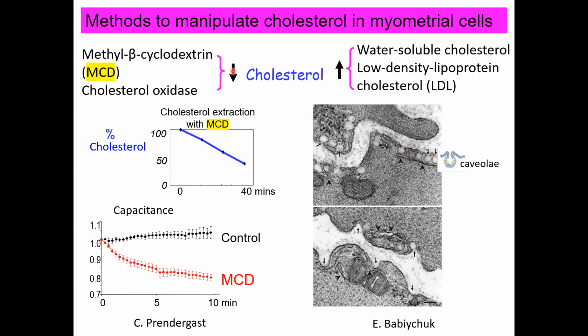If we decrease cholesterol, which we can do particularly using MCD, so we can decrease cholesterol in the myocytes, that really disrupts the caveolae. And you can see this decrease in capacitance as the caveolae are disrupted. We can increase cholesterol as well if we wish.